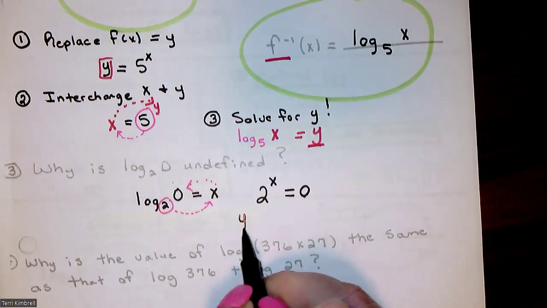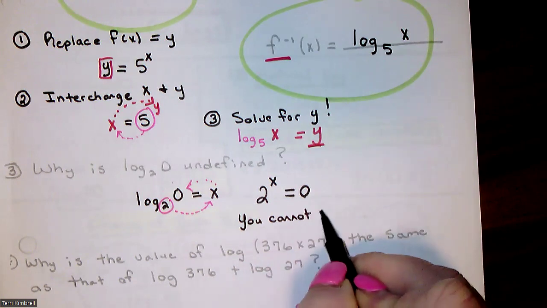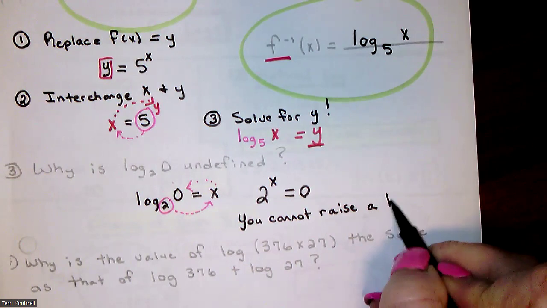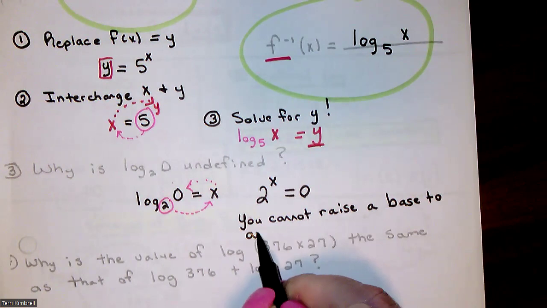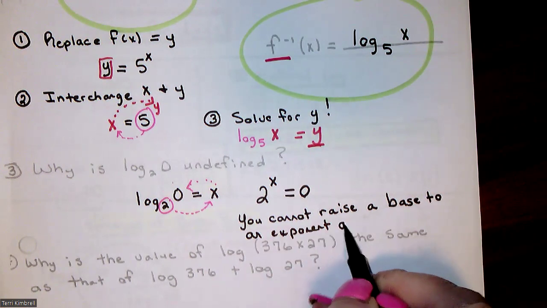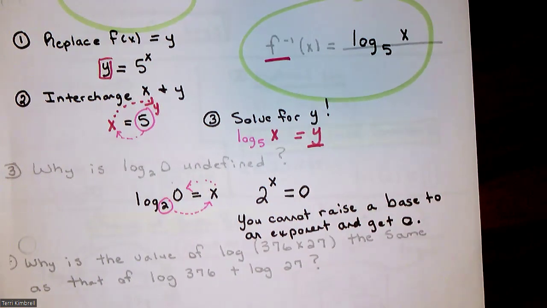So you cannot raise a base to an exponent and get 0.